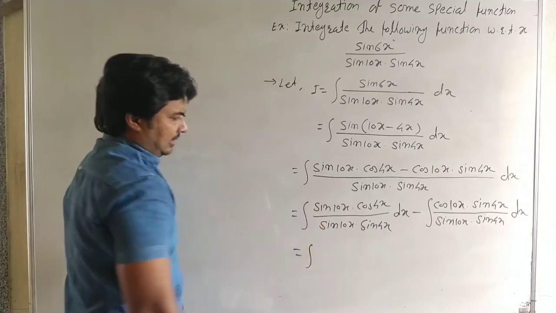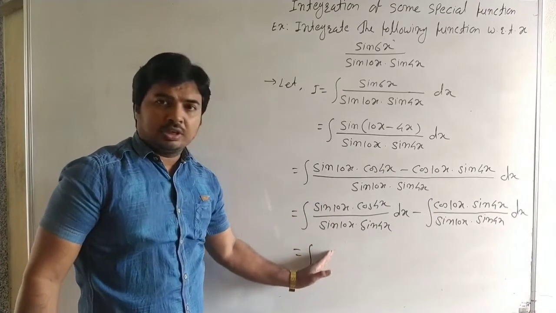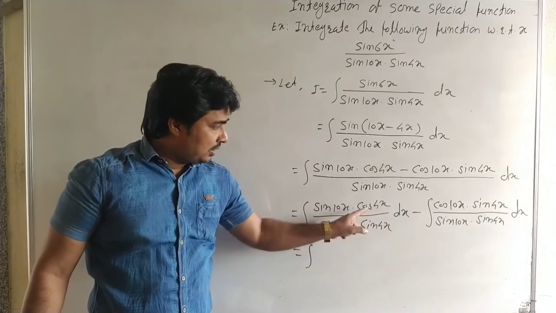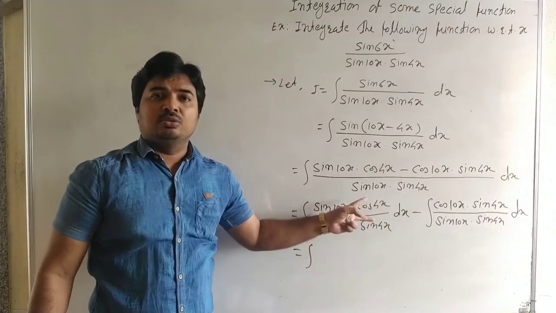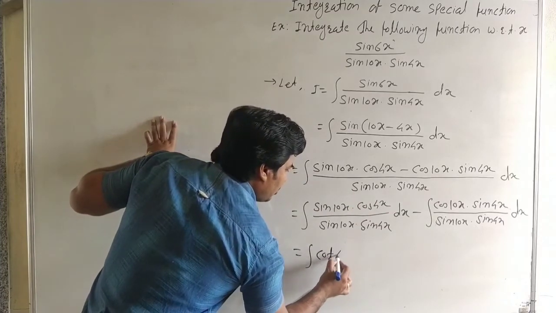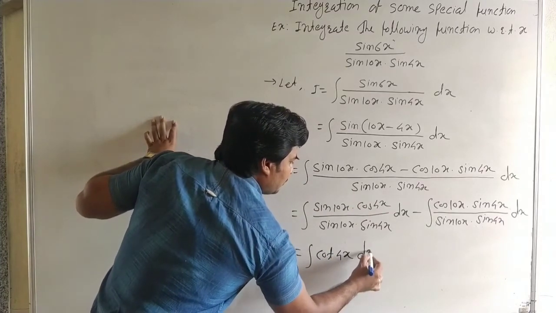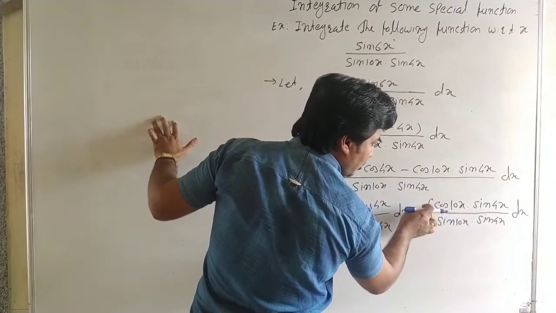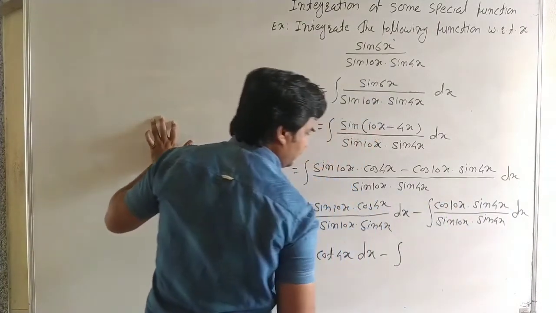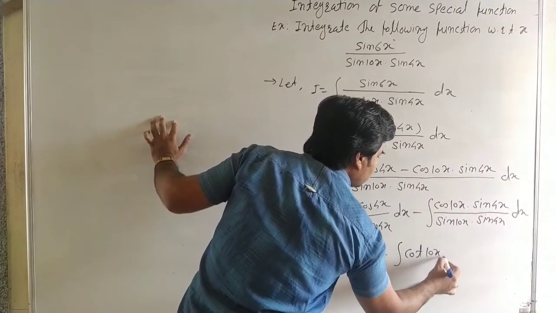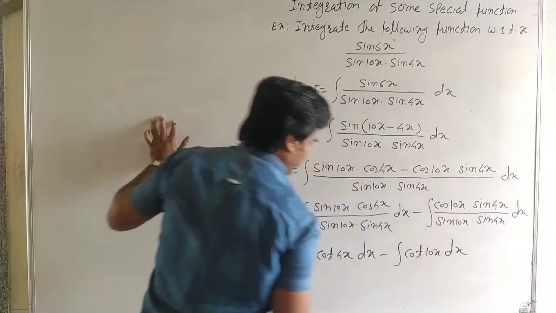Now here sin 10x, the angle is same, both are cancelled. Here cos 4x upon sin 4x, angle same, but here it is cos and it is sin, so the result is cot 4x minus, here sin 4x cancels, cos 10x upon sin 10x, it is cot 10x dx. And now integrate.